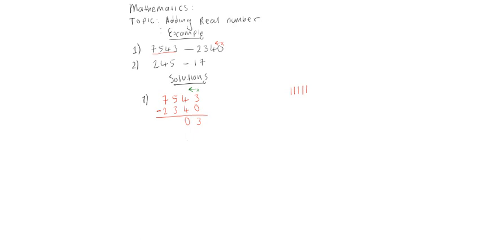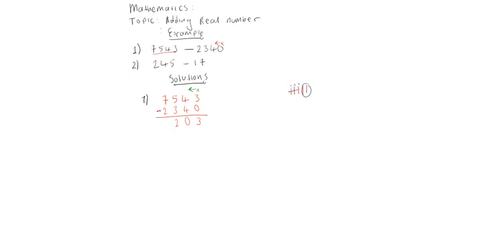Let's say we are removing 3: 1, 2, 3. What are we remaining with? We're remaining with 2 strokes there. So we're going to add a 2 there.